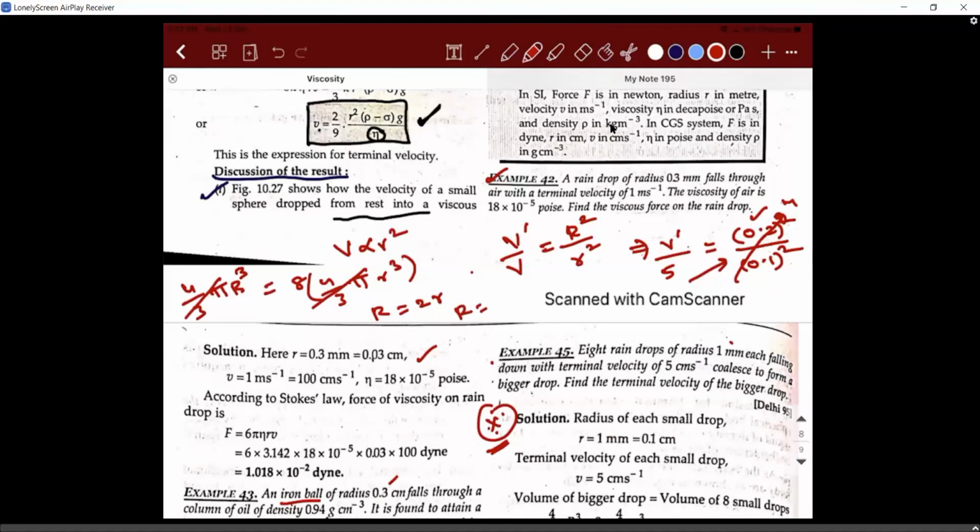R is equal to 2 into 1 millimeter. That is 2. Correct? Take 2 and substitute it there. It is even more simple. V dash divided by 5 is equal to 4 divided by 1. It's the same logic. Understood? So 4 millimeter square, 1 millimeter square. That is the meaning. Clear?